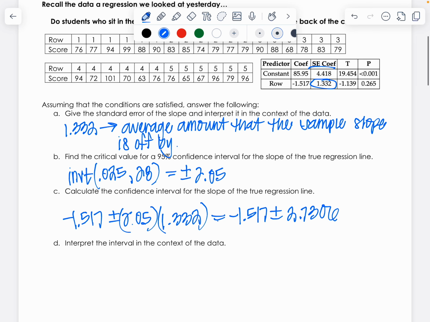All right. Well, that'll go from negative 1.517 minus 2.7306, negative 4.2476 to positive 1.2136.